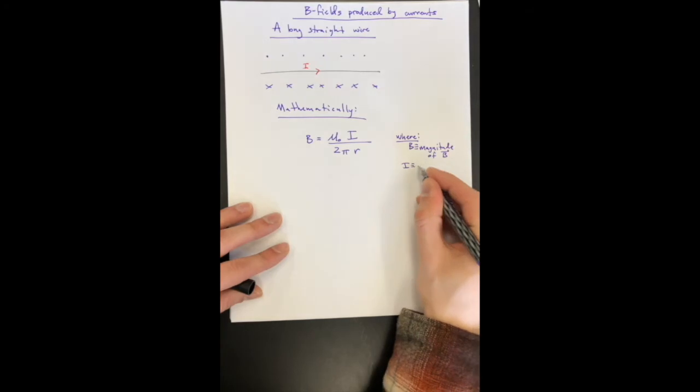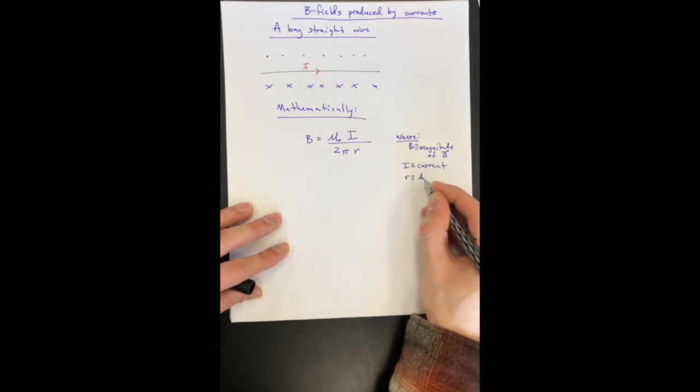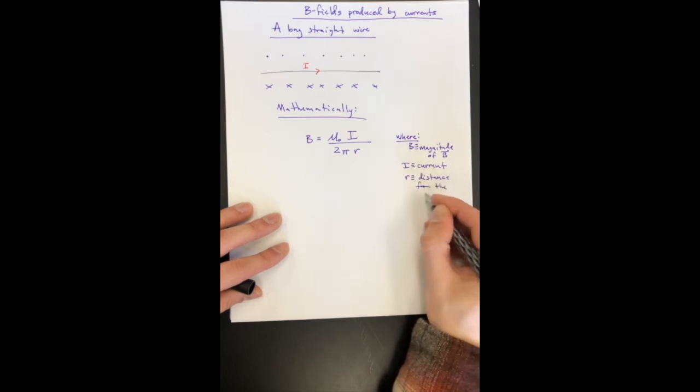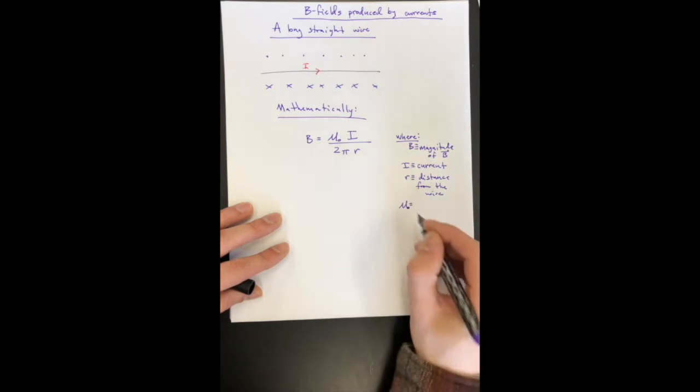I is the current. R is the distance from the wire. And mu sub O is called the permeability of free space.